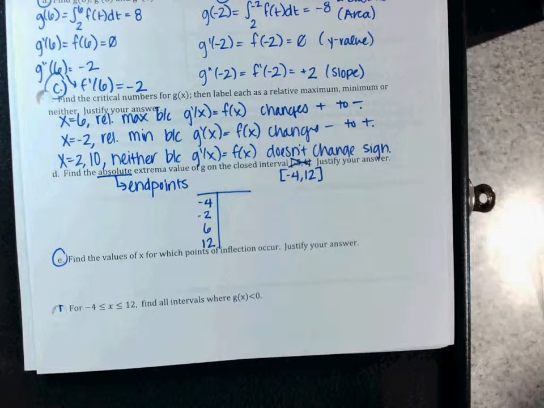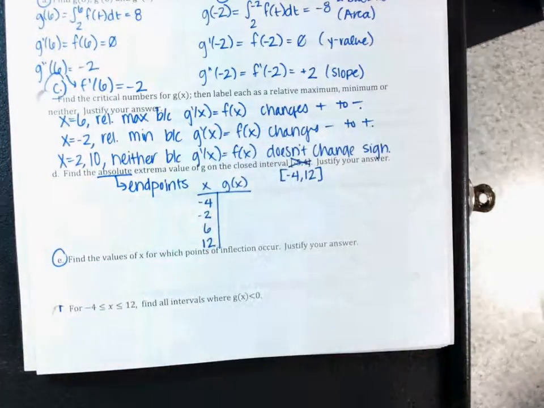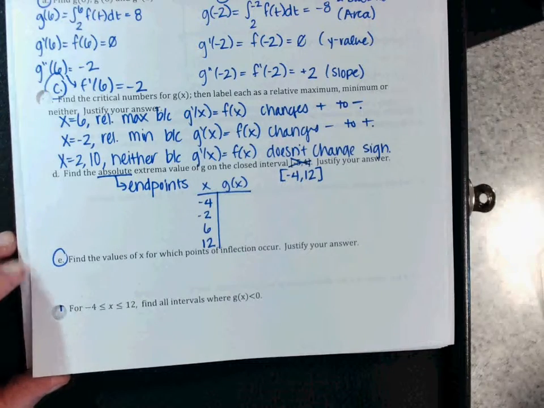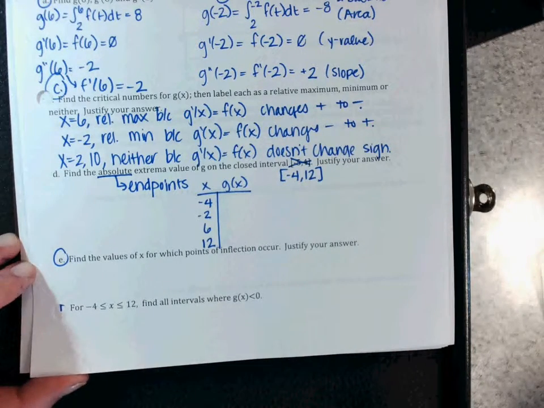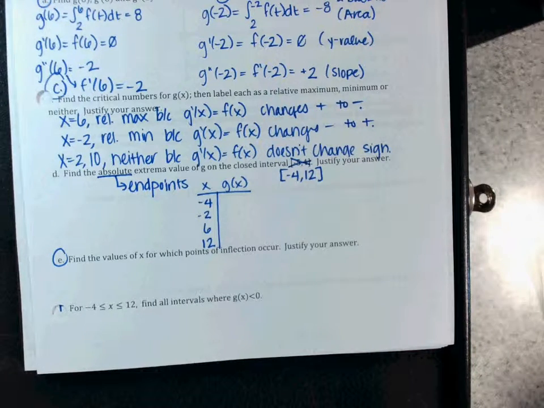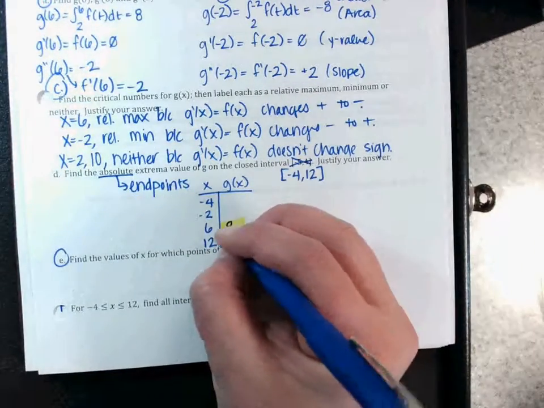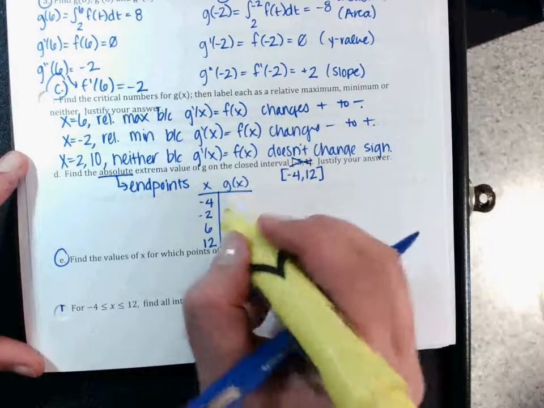Now, if I'm finding maxes on G, then you need to make sure that you label your table as G of X. We're not using F, we're using G, which had the integral in it. Now, did I already find two of those numbers? In part A, what did I find G of 6 to be? It was 8. And what did I find G of negative 2 to be?